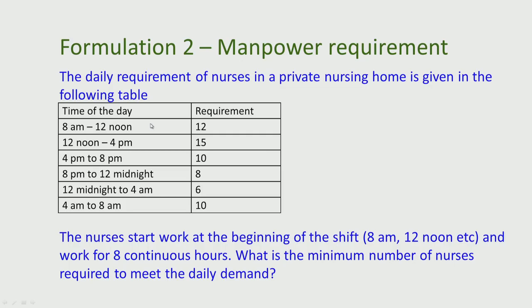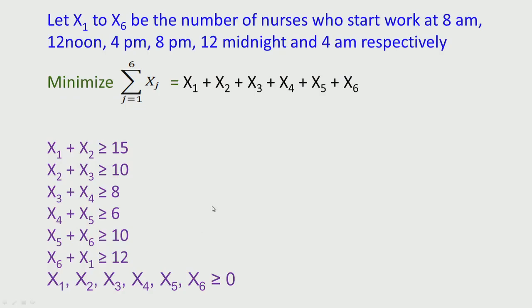People who come to work at 8 a.m. also work in this slot. So, this 12 requirement is to be met with x1 people who start work at 8 a.m. and x6 people who start work at 4 a.m.